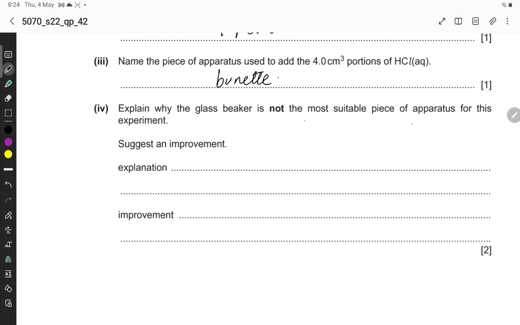Heat loss. A glass beaker is not the most suitable as heat loss can occur from the glass beaker.